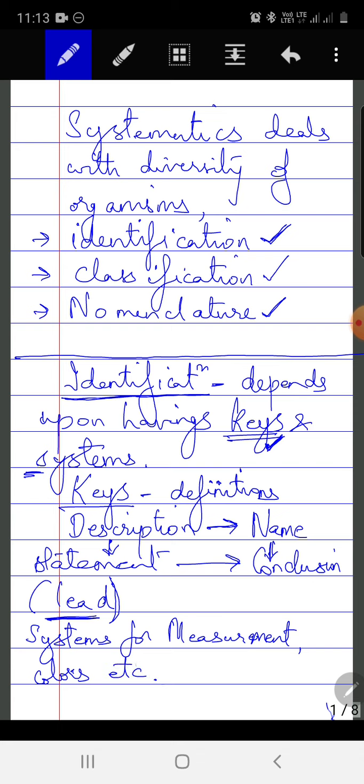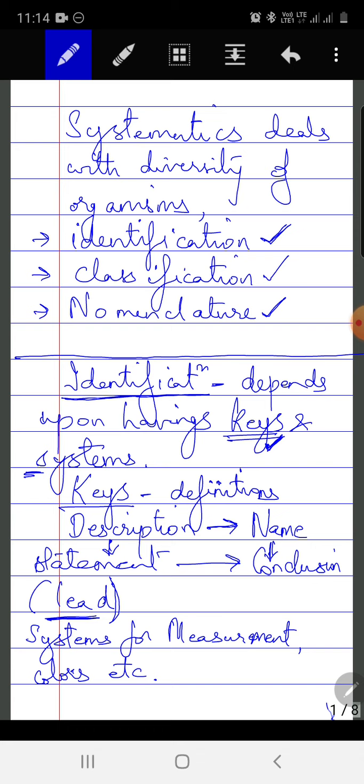You must have these systems. If you never had a system of colors, how would you recognize something which is red as red? If you never had a system for dimensions, for measurement of dimensions, how can you say anything is long, flat, short, right? You would not be able to say.